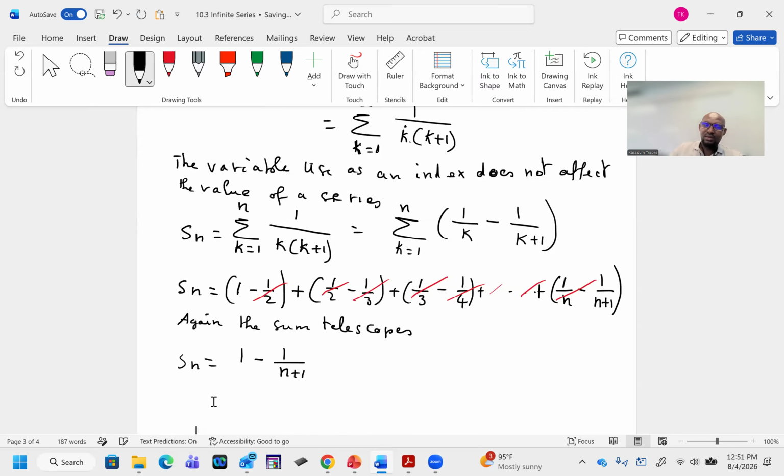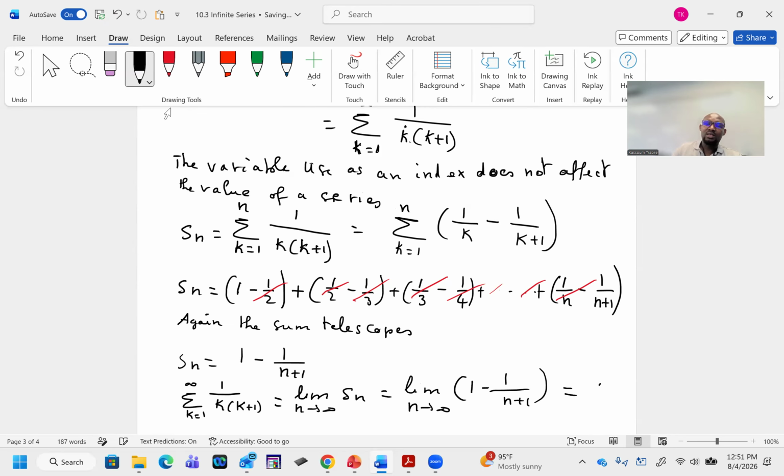So we can go ahead and find the sum. So I will just write the sum from k equal to 1 to infinity of 1 divided by k times k plus 1 is equal to the limit of Sn as n approaches infinity, which is equal to the limit of 1 minus 1 divided by n plus 1 as n approaches infinity, which is what? 1.